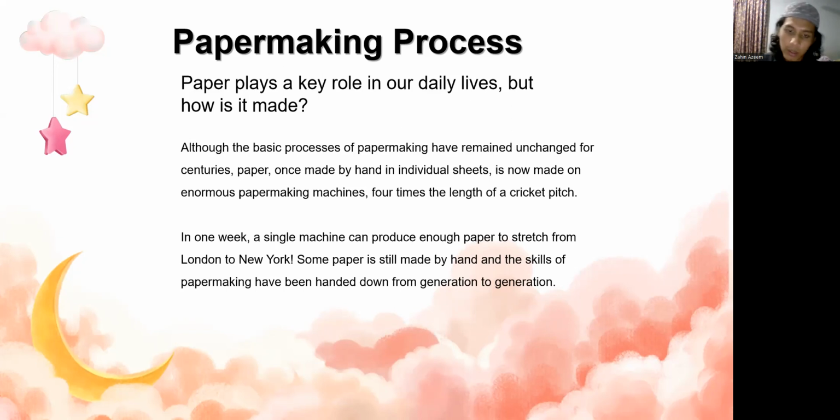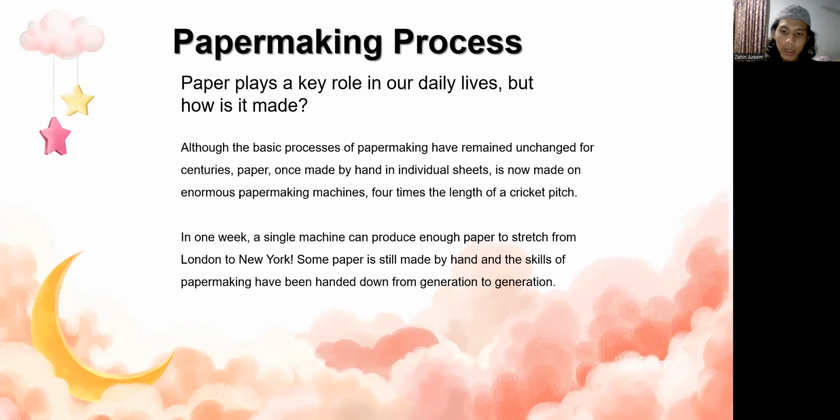Just now I explained to you that Tsai Lun, the minister of the Empire, created the paper by hand. Today paper is made on enormous paper making machines, four times the length of a cricket pitch. In one week, a single machine can produce enough paper to stretch from London to New York.